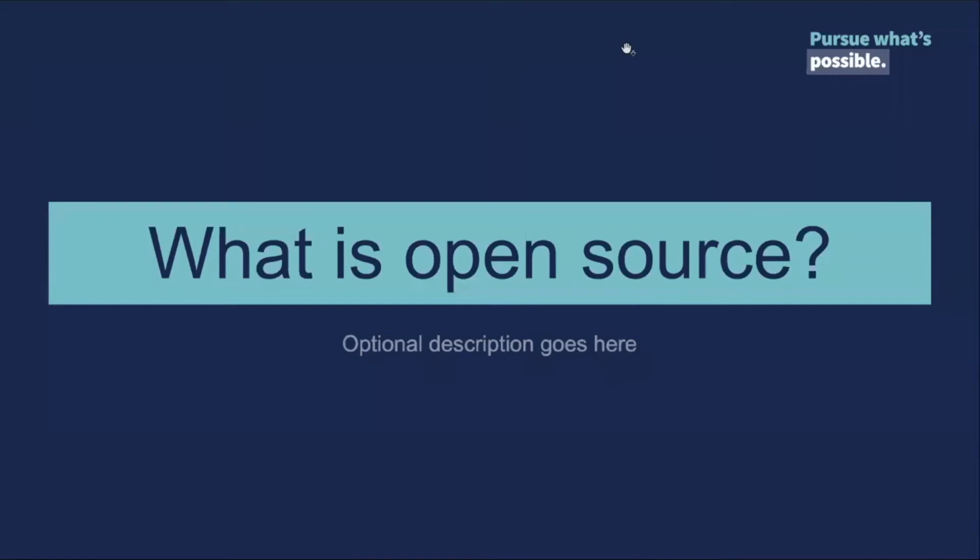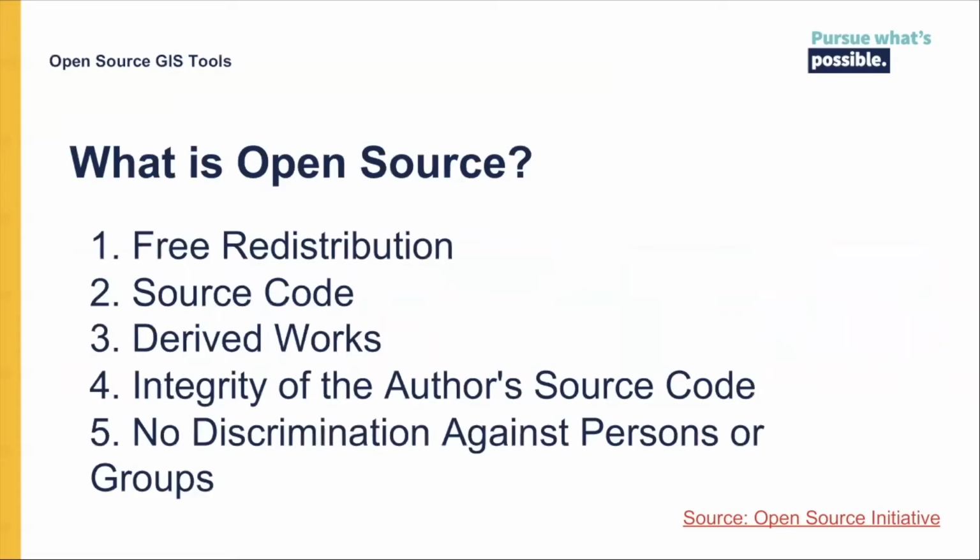So we use this term open source all the time, but what exactly does it mean? Open source means that the software can be freely distributed. That means any party can give this software away on its own, or as part of the distribution of other software, and it does not require a royalty or other fee for sale.